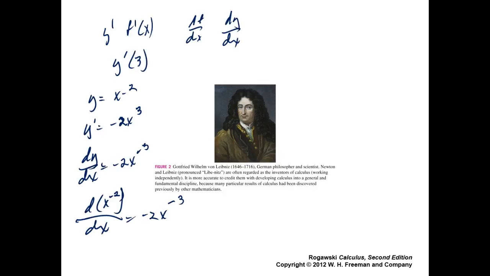In Leibniz notation, you say df dx when x is equal to 3. Same type of thing. Okay? In the book they use 4. Whatever. Okay? Or dy dx when x equals 3. Or 4, whatever you want to plug in there. Okay?